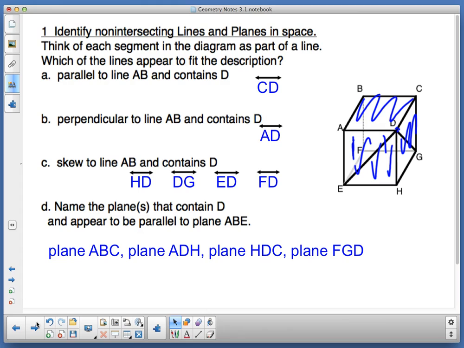I've got the top plane, I got ADH, that's that front plane, and I got HDC. HDC is the side plane, but I have got FGD. Thank you, dear. And I've got FGD as I go through. Are you okay with FGD? I'm going to draw in FGD.